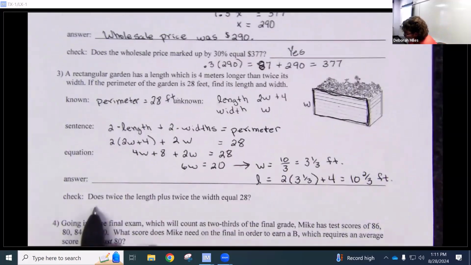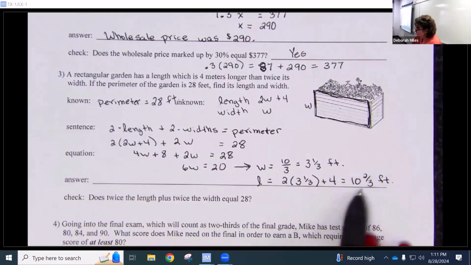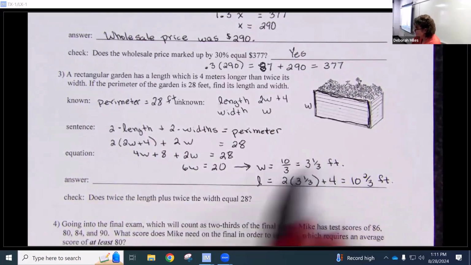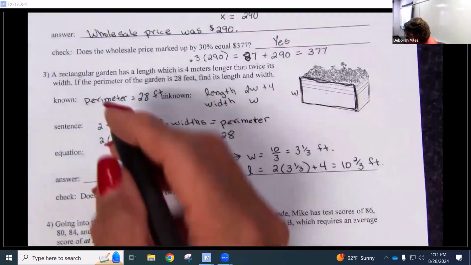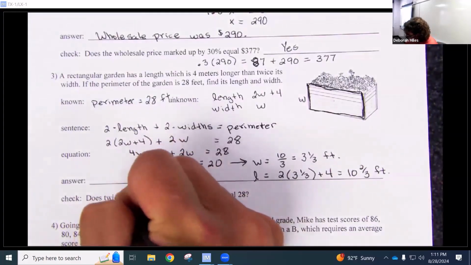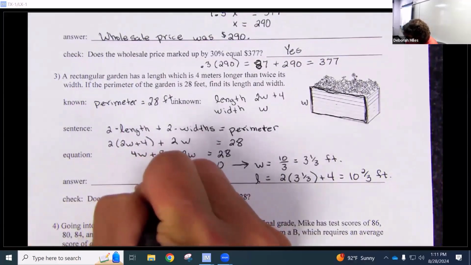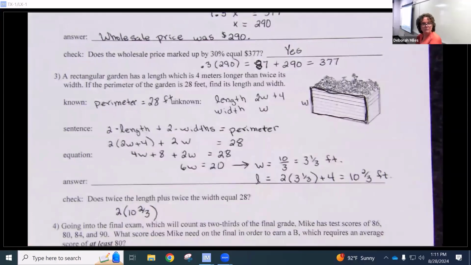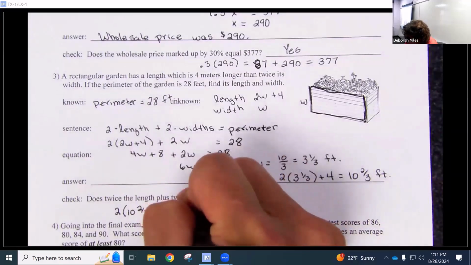I do want to check that twice the length plus twice the width is 24, or excuse me, 28. So I'm going to check this on my calculator real quickly. 2 of those lengths plus 2 of those widths.